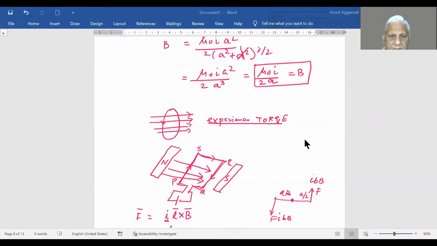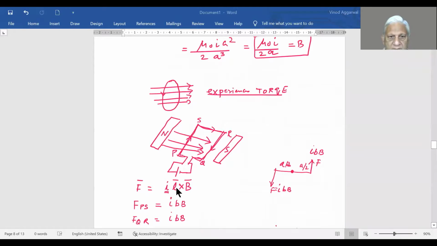Now, if we try to find out the force acting on side PS, what is it? This is PS, this is the direction of current, and this is the direction of B. Direction of current and dL is the same. So the force on PS will be I times length.